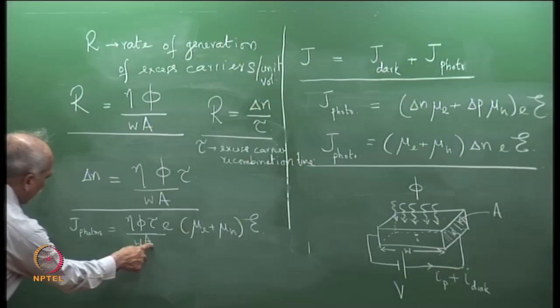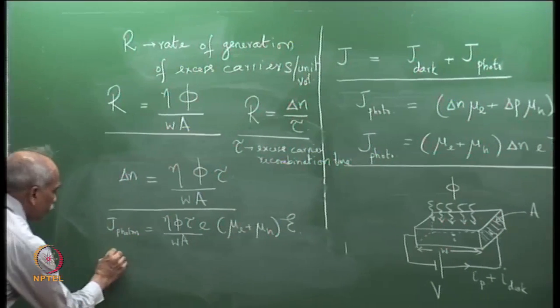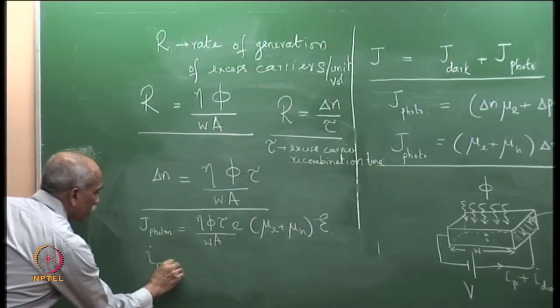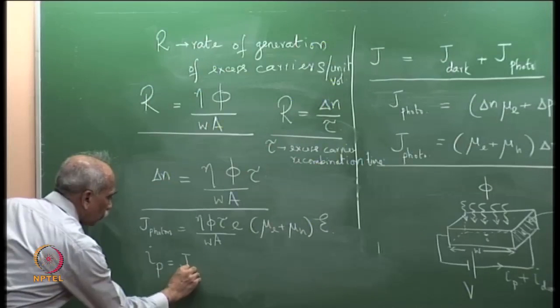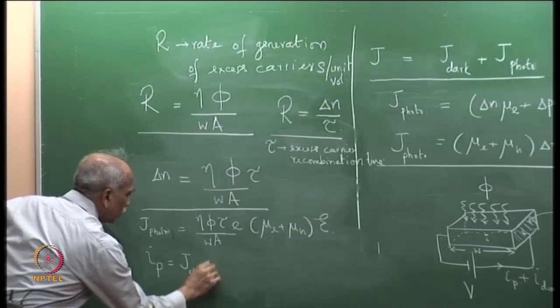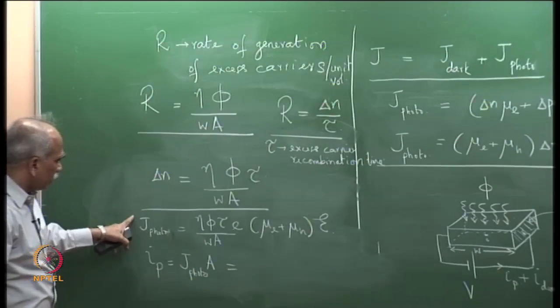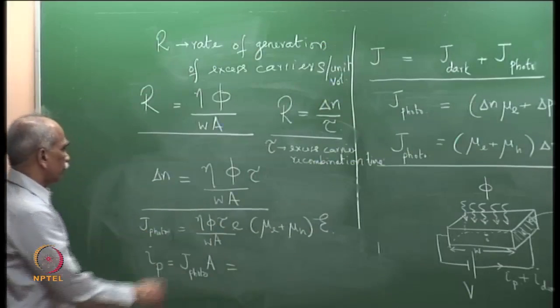Now, A into J is the photocurrent IP, therefore IP is equal to J photo into A, which is equal to, so A has gone here, eta phi tau.